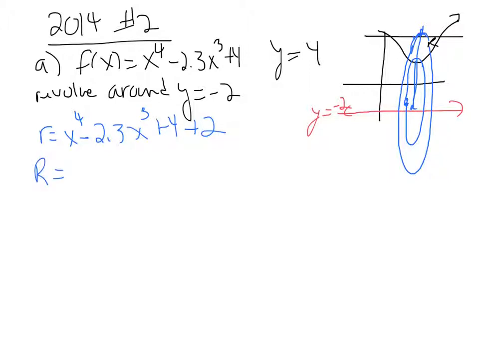Big R is going to be 4, the area under here, and then the additional 2, so 4 plus 2, which is 6. So when we go to set up our volume, it's pi times big R squared minus little r squared.